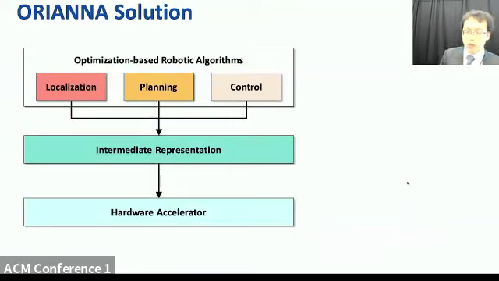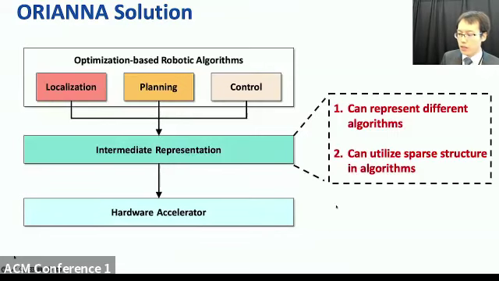In this work, we hope to generate accelerators for different robotic applications by mapping different algorithms onto intermediate representations. These representations need to have two features. First, they can represent different robotic algorithms, and also they can utilize the sparse structure in the algorithms.